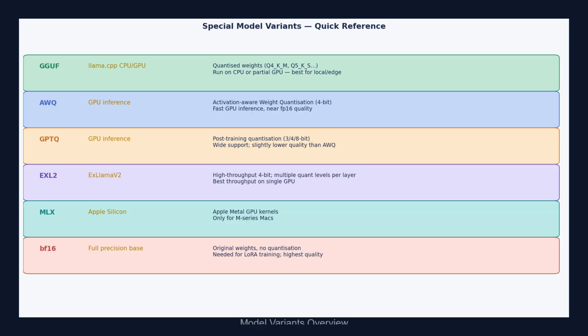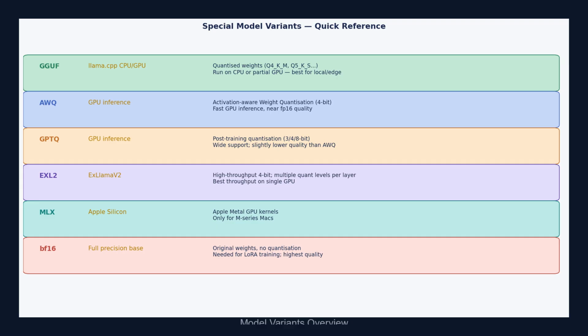This overview covers the full landscape of quantization and deployment formats you'll encounter on Hugging Face. GGUF is optimized for CPU and partial GPU inference, ideal for local deployment with Ollama or LM Studio, but not trainable. AWQ uses activation-aware weight quantization to get GPU inference quality close to full FP16, a strong deployment format, primarily for inference.